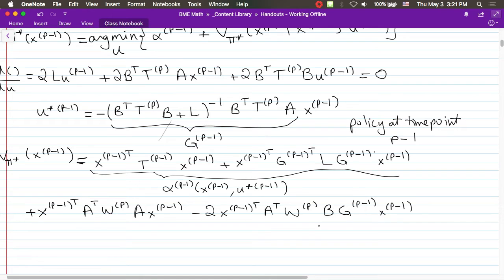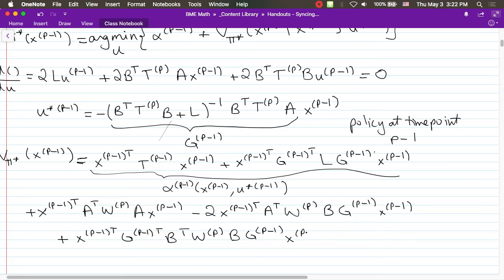This is a scalar. Plus the final term, which has U squared in it. So that's going to be X of P minus 1 transpose G of P minus 1 transpose B transpose WP B G of P minus 1 X of P minus 1.